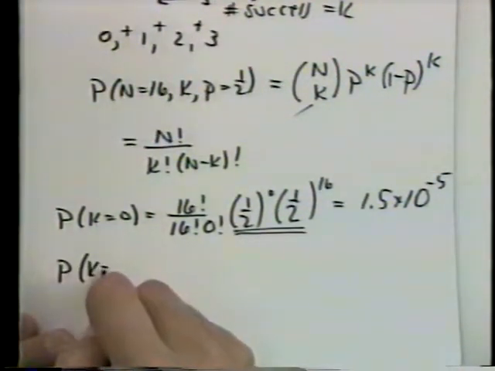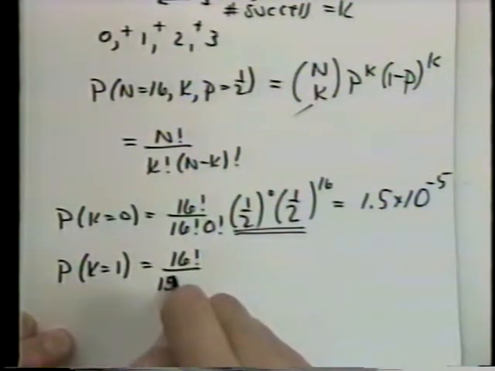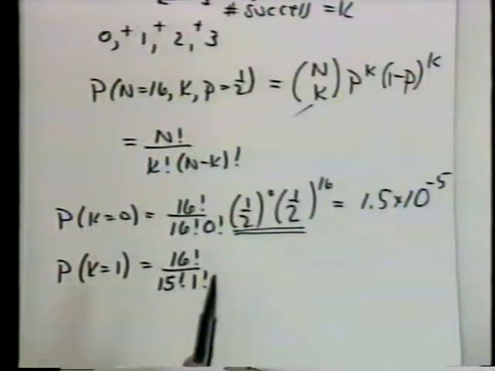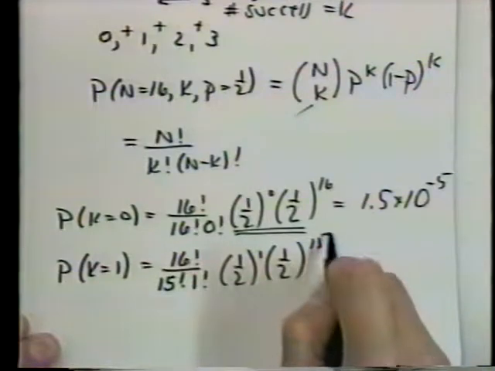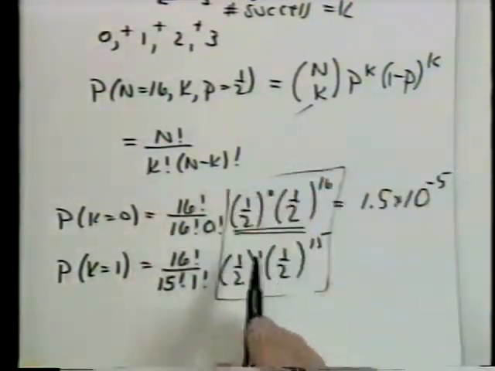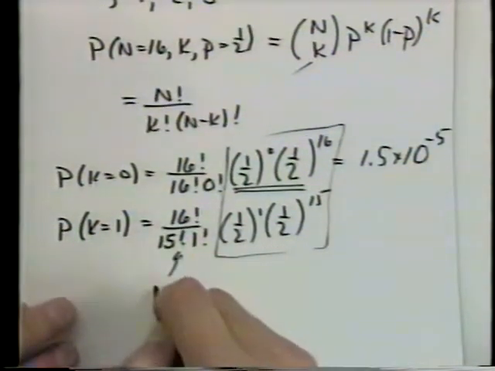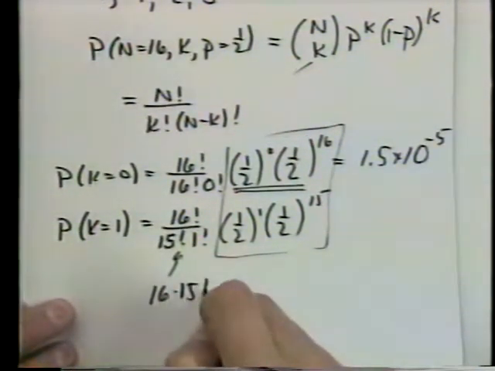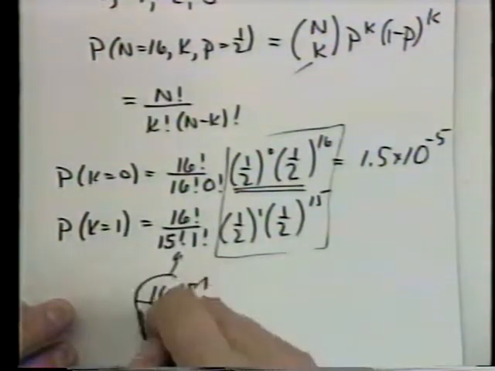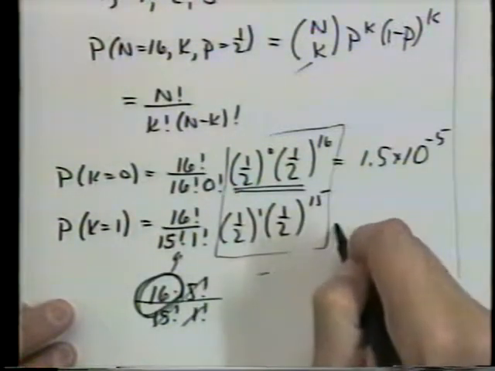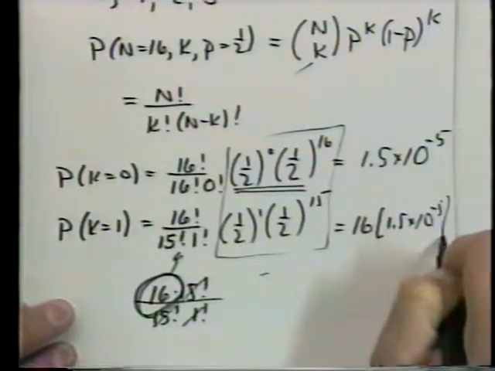The next one, the probability of one hit, will be 16 factorial over 15 factorial over 1 times 1/2 to the 1 times 1/2 to the 15. So again, you can see we're always getting 1/2 to the 16th power. To evaluate this expression, 16 factorial is 16 times 15 factorial, divided by 15 factorial divided by 1. So this cancels, and this is a factor of 16. So now this is 16 times 1.5 times 10 to the minus 5.